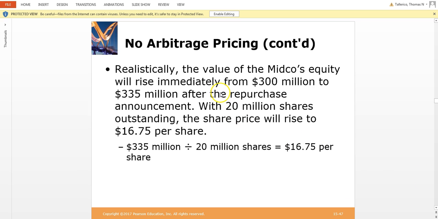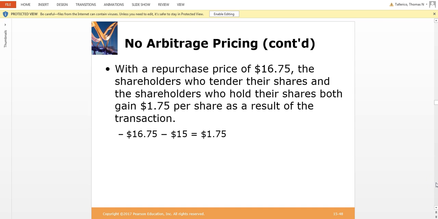So realistically, the value of Midco's equity is going to rise immediately from 300 million to 335 million after the repurchase. So the shares are going to go up to $16.75 a share. As shown here, if I have 335 and I divide that by 20 million shares, that's what the shares will go up to. So we've got to price this really to prevent arbitrage. And you'll notice that the gain, to prevent arbitrage, is going to be $1.75 a share.